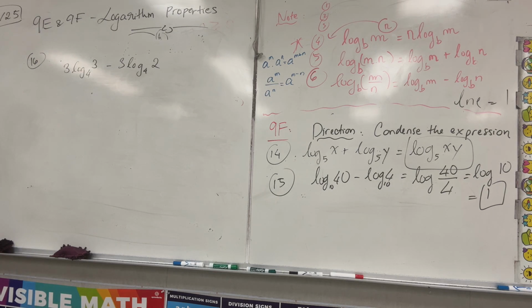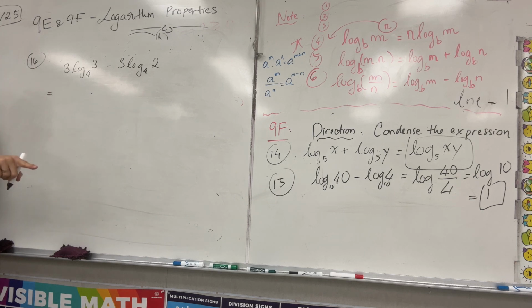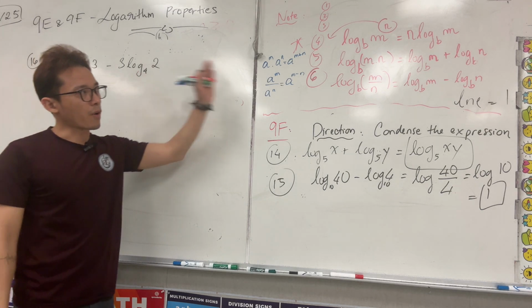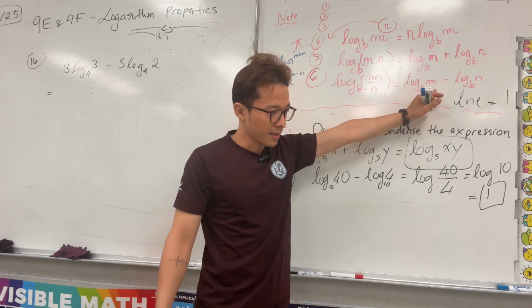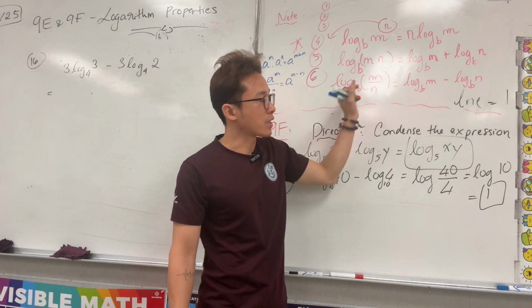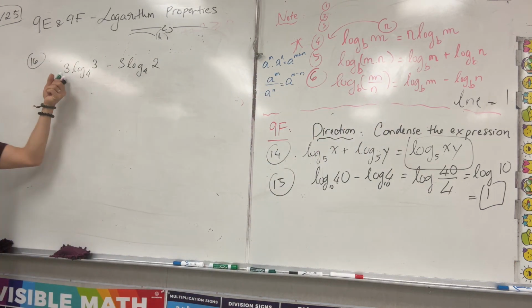They need to be the same base. You cannot do anything if they do not have the same base. So first, you're going to bring the power first. For expanding, you take care of the power last. But when you condense, you take care of the power first.